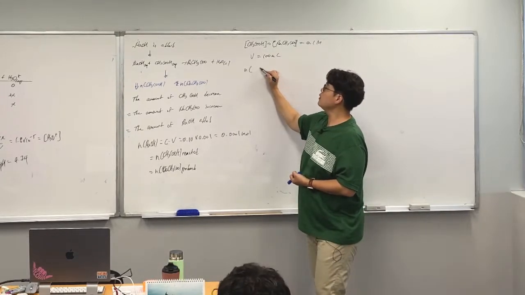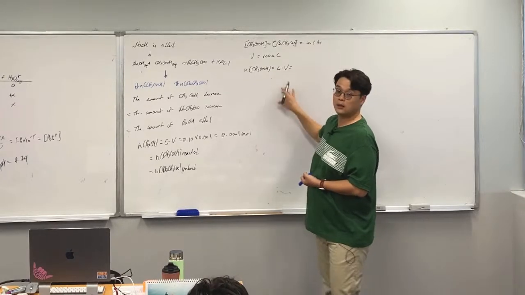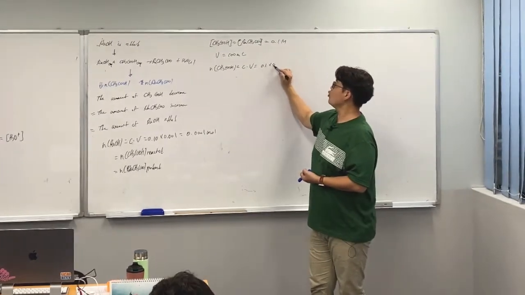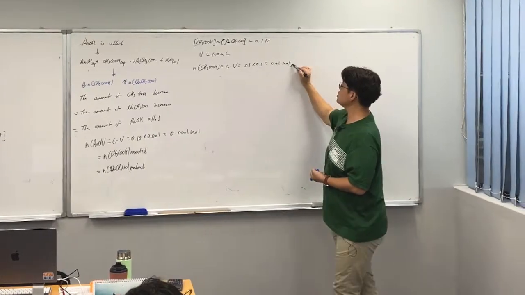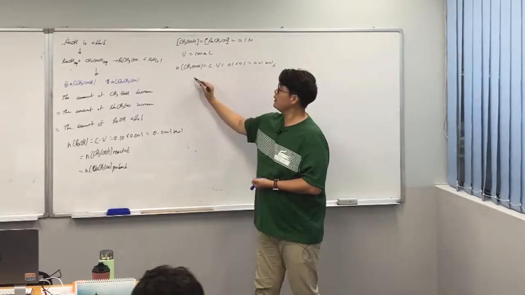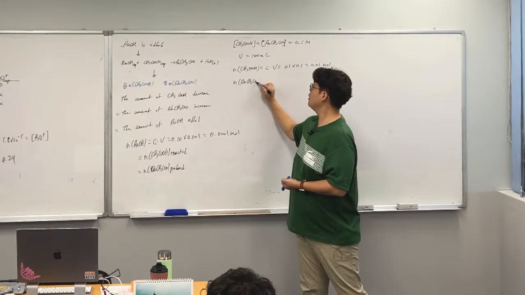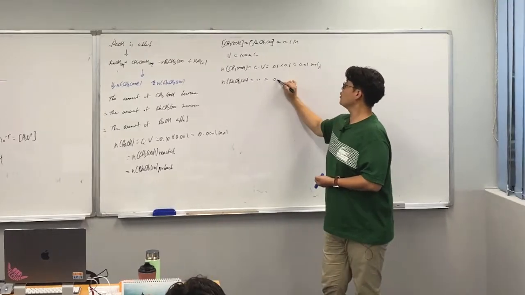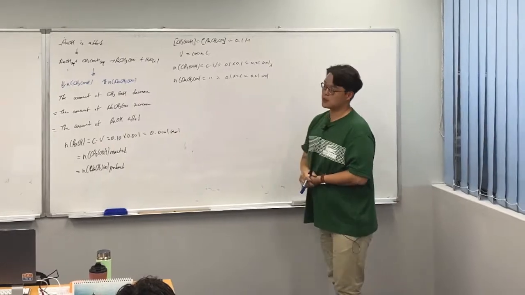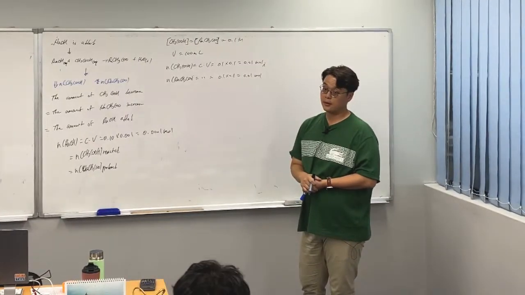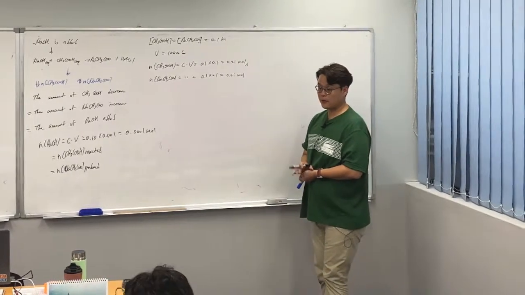Then N of the acetic acid would be CV, that's 0.1 times 0.1, giving 0.01 mole, which is what we had initially. And N of the sodium acetate would be the same: 0.1 times 0.1, giving you 0.01 mole. This is what we had initially. Okay. Any questions up to this point here?